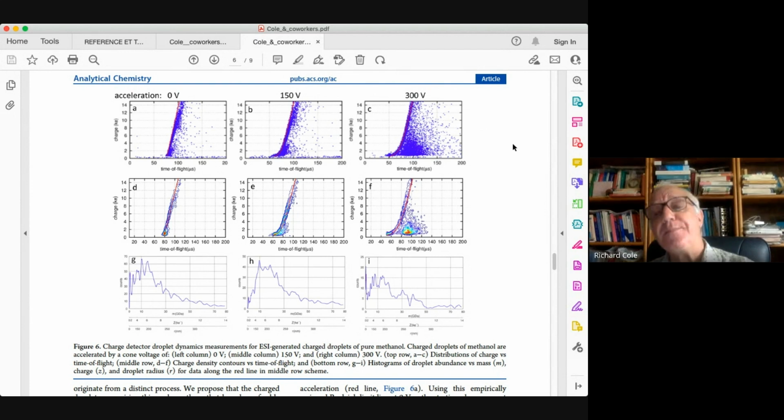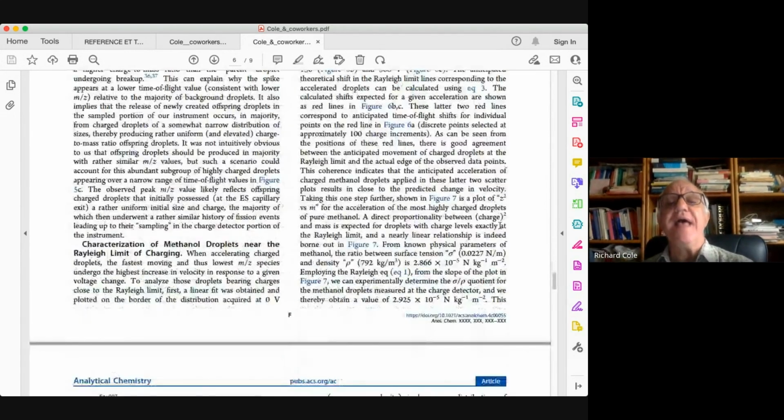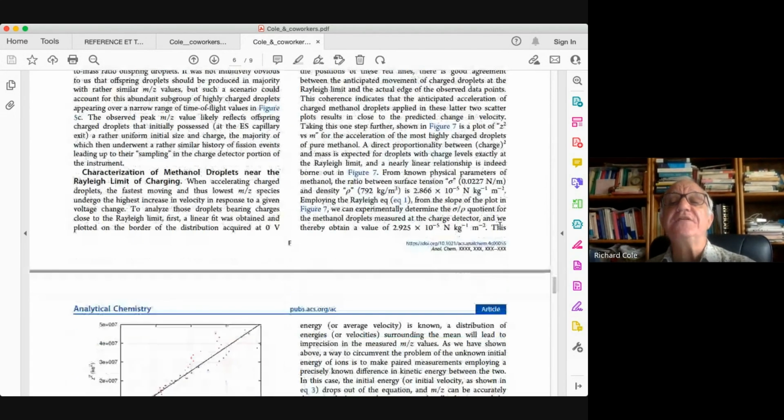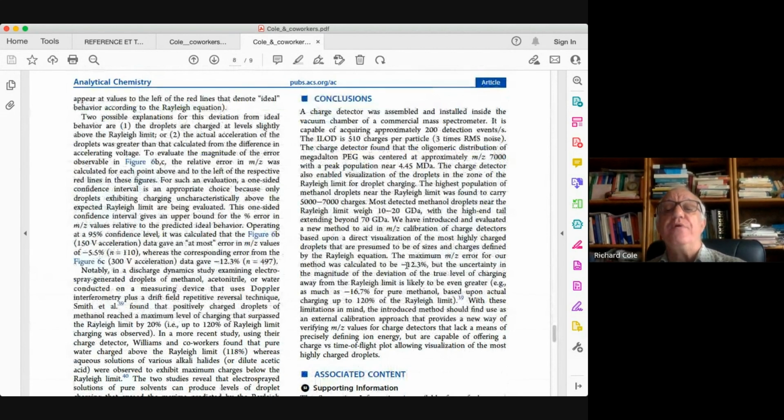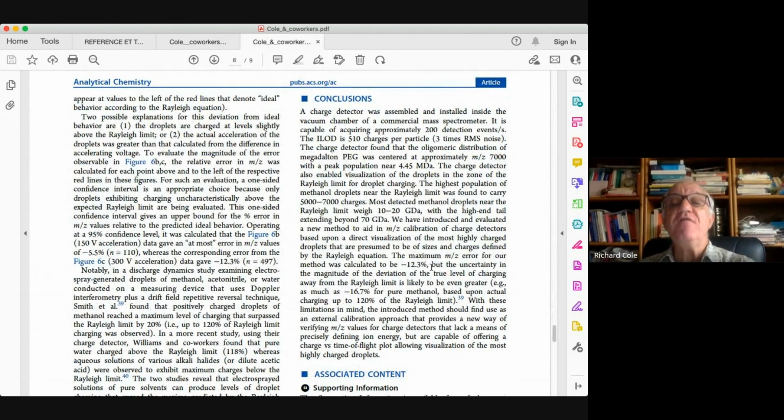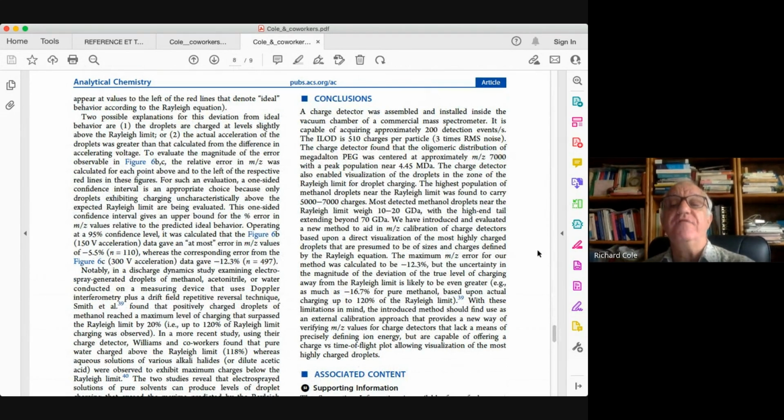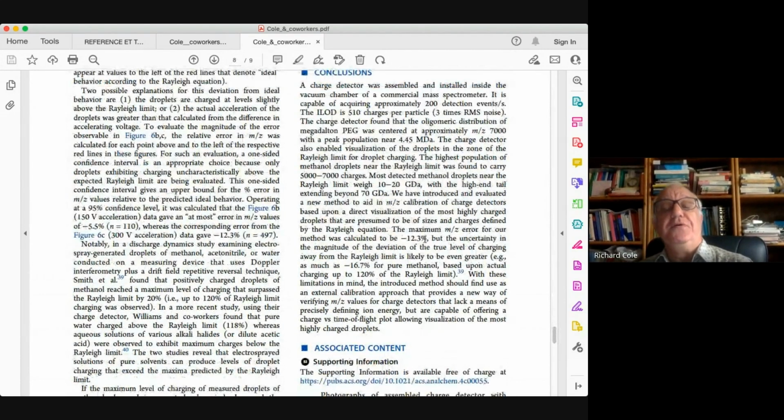So we did a little bit of error analysis on that, and we found that in our worst case, we're about 12.3% above the values we're anticipating if they were truly at the Rayleigh limit. We did this by a one-sided distribution analysis, only looking at the species that were more highly charged than anticipated.